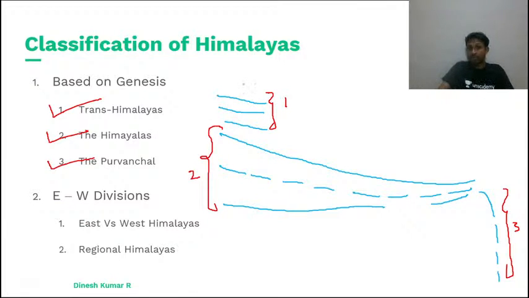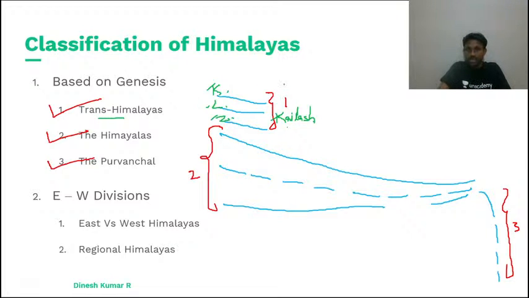I hope you have heard about mountains like the Karakoram range, Ladakh range, Zaskar range, and the Kailash range in Tibet. So you have to study the Karakoram, Ladakh, Zaskar and Kailash ranges under the first division, the Trans Himalayas.